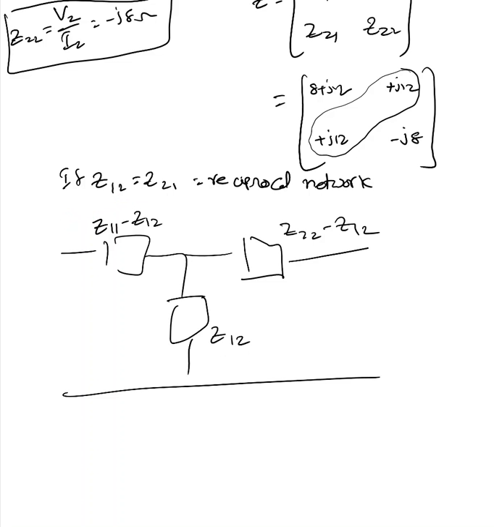Sorry about that error. So here I have 8 plus J12 minus J12, so I'll end up with 8 ohm. This is J12 ohm. Z22 minus J8 minus J12 will end up with minus J20. So that's the given circuit. Thank you.